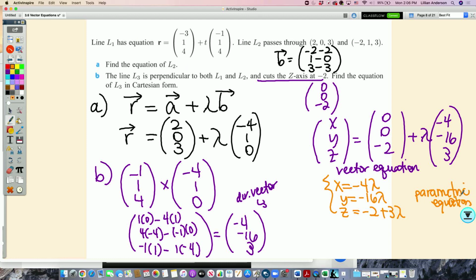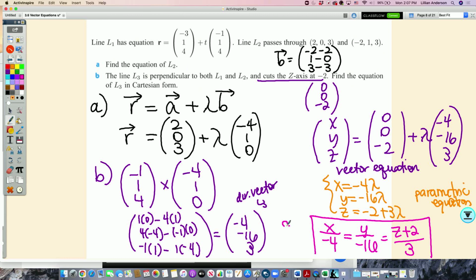We get that by solving for lambda in each of them and equating them to each other. How would I solve for lambda in the first one? x over -4. What about in the next one? y divided by -16. And what about in the very last one? z plus 2 over 3. And there we go. That's our final answer. That's the Cartesian form.